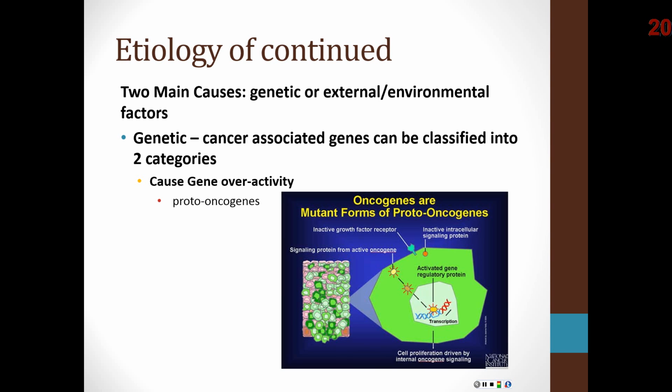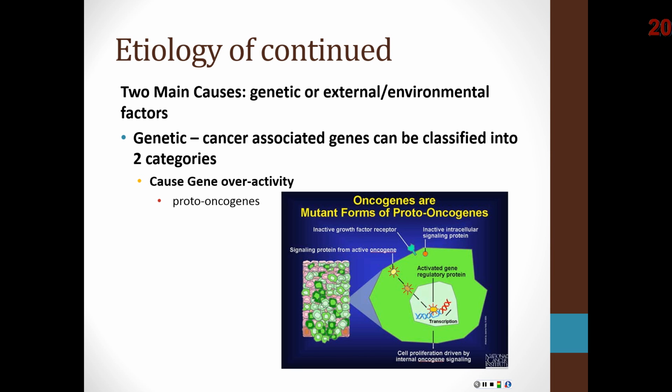Our first thing we're looking at is what we refer to as proto-oncogenes. Proto-oncogenes are normal genes that code for normal cell proteins that promote cell growth and cellular signaling.